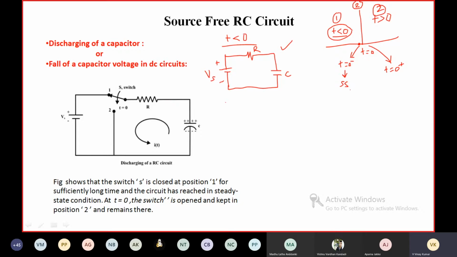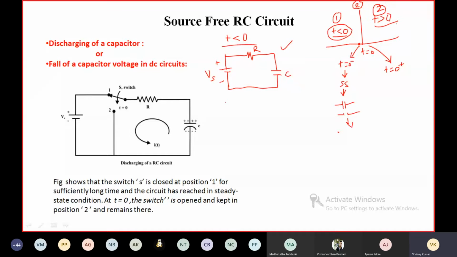At t equal to 0 minus, steady state occurs, which means under steady state DC voltage, the capacitor acts as an open circuit. So the capacitor is replaced by an open circuit at t equal to 0 minus. Here at t equal to 0 minus, the final value occurs for t less than 0.